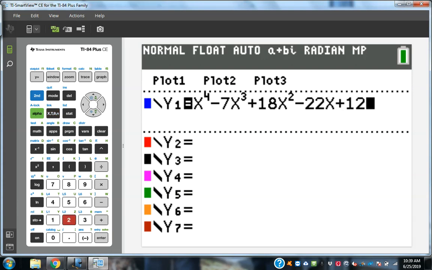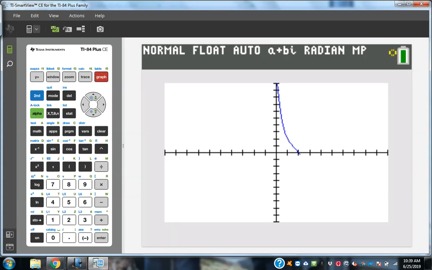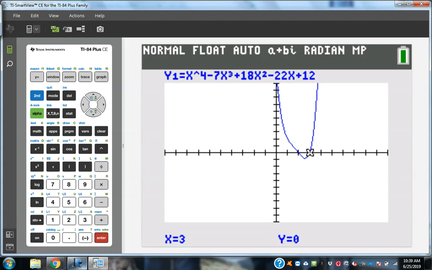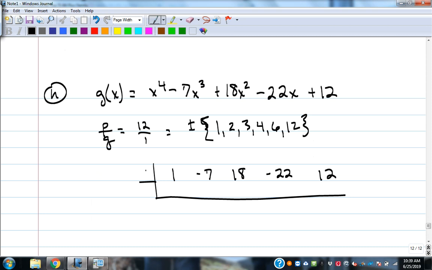All right, hit graph, and yes, I do see 2 places where it crosses the x-axis. Kind of a weird looking shape to that graph, but it works for us here. Looks like positive 2, so trace 2, and then positive 3, trace 3. Both of those. I'm going to start with the positive 2. It doesn't matter which one you use first.